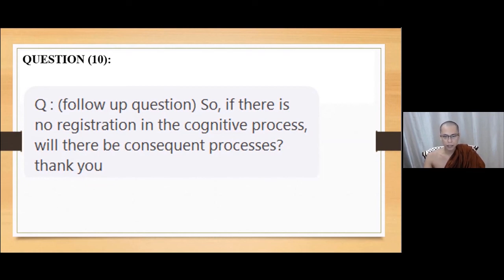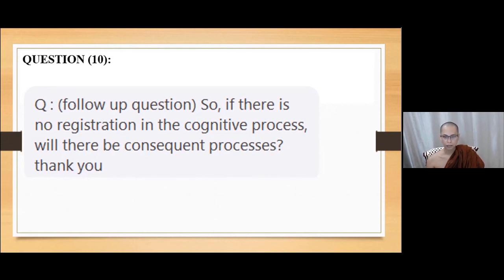But related to this question, we can ask whether by the absence of the javana there can be a consequent process. That is interesting. So the javana is more important than registration. Let's talk about the absence of the javana. Is it possible to have a consequent process? The book does not mention it, but I want to discuss it.